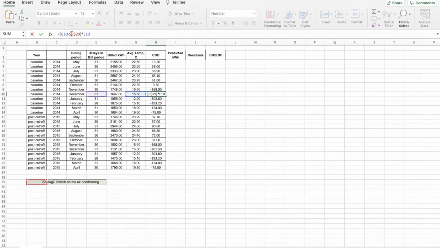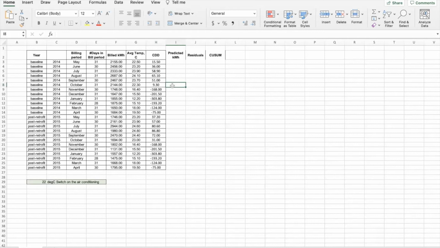Because our average temperature is less than the base temperature. You mean the difference? I should use 22 minus 22.5. Yes. But anyway, it doesn't really matter because right now we are calculating CDD, not HDD.